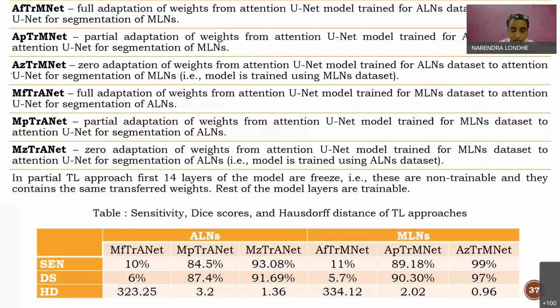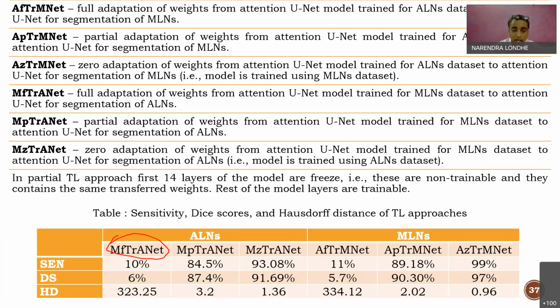So you can see here, this is where we again did the measurement of this learning. What this MFTR ANH means is that for the abdominal lymph nodes, I have done the zero adaptation, meaning I have not transferred any learning.